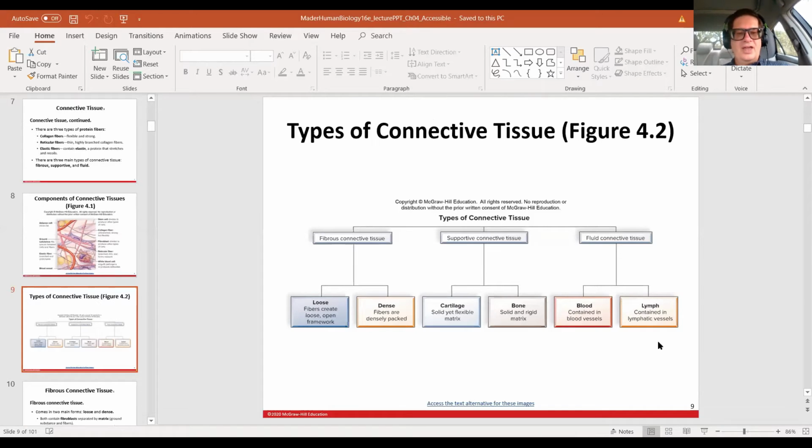So types of connective tissue that we have. You look at this little table, fluid connective tissue, your two options are blood and lymph, okay? And the big differentiation there that they draw on this chart is where they're located. There are huge differences in what's in them, though, as well.